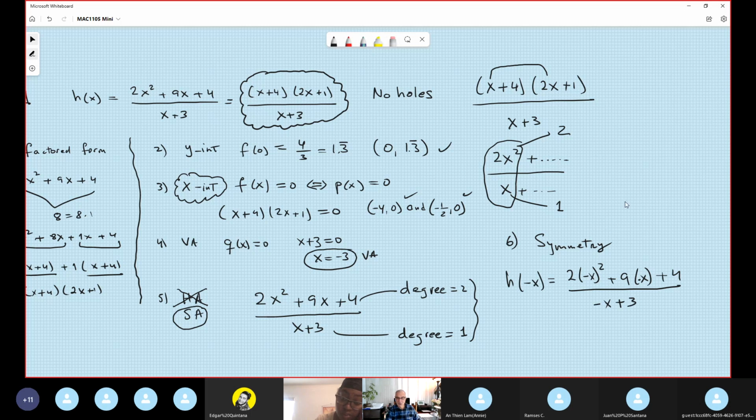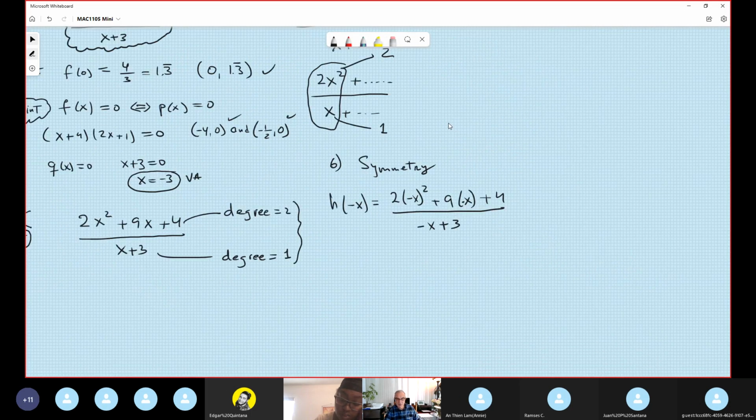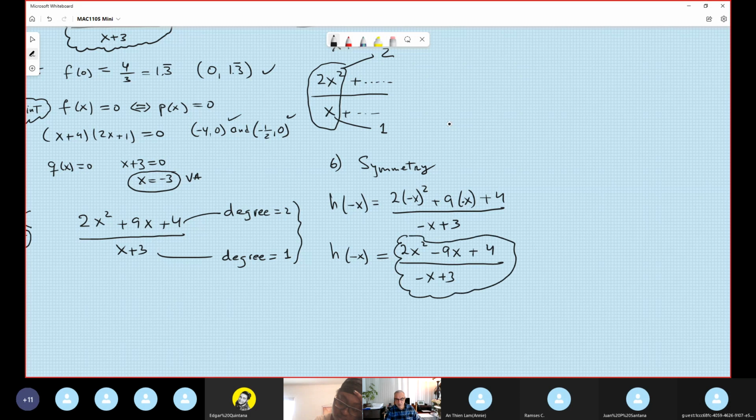In the top, the 2x squared stays the same because the exponent is 2. But the 9x changes. It's completely different from the original. There is no possibility of symmetry. No symmetry, therefore our function is neither.